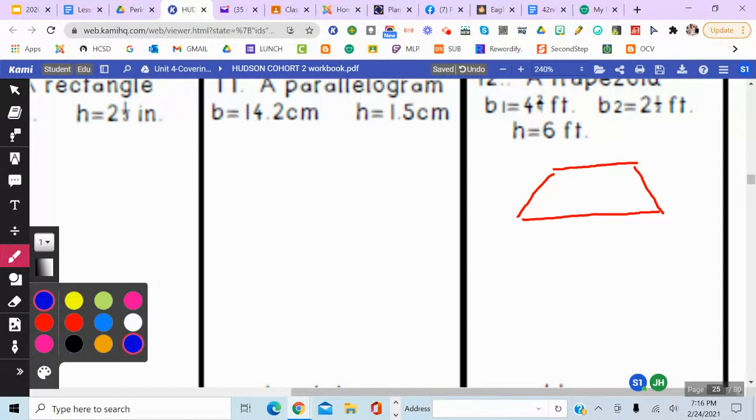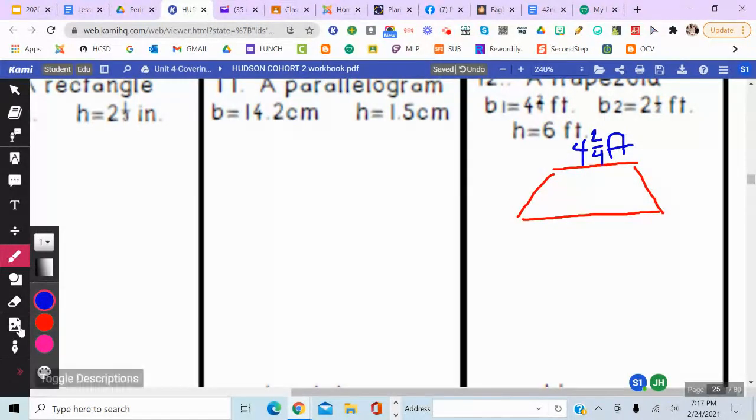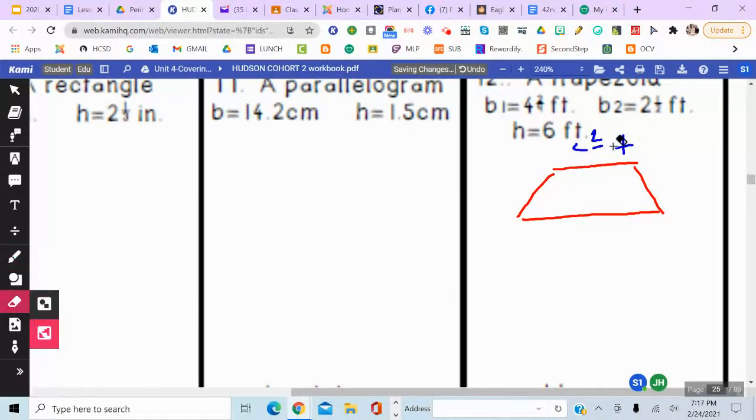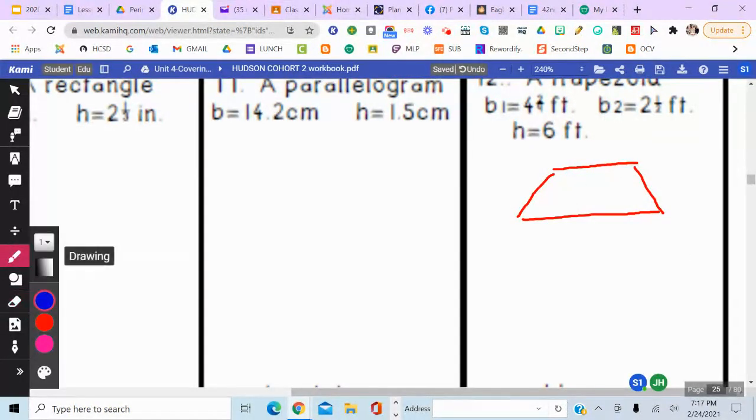So base 1 is the top, 4 2/4 feet. And then base 2, oh shoot, no, that's wrong. It's upside down, that's why. So actually this one would be upside down where the bigger is on the top, but it's fine, we're just going to do 4 2/4 down here.